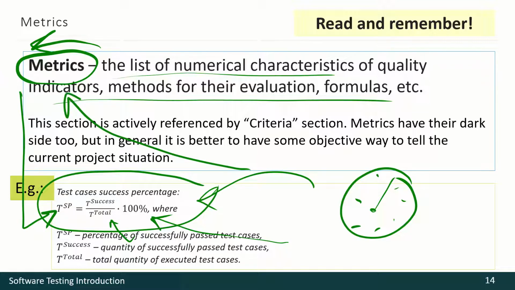These formulas, these numbers, these metrics are a kind of that matter. That's absolutely objective. That frees us from the burden of decision making from only our subjective view, with only our experience. Yes, it may work, but when we have something that helps us, that's calculated automatically, that shows us that something is good or bad or just normal, it's extremely helpful. It allows us to be more confident in those decisions we are taking every time and every day.